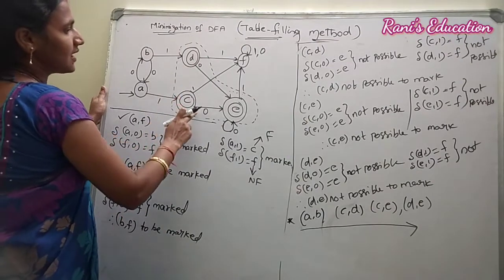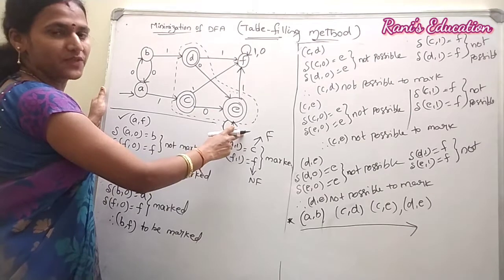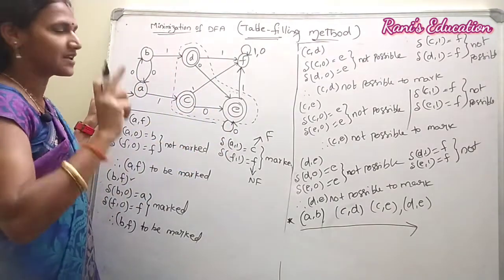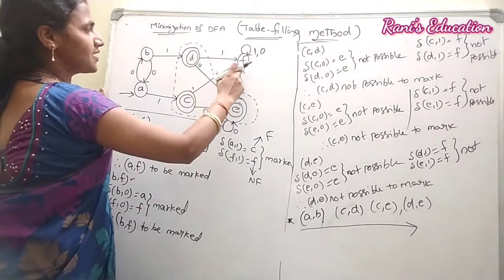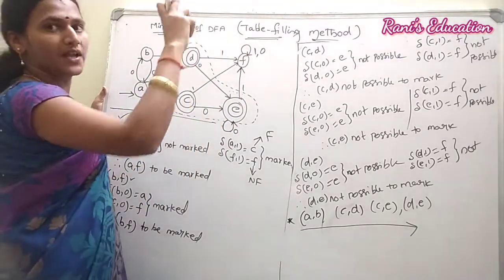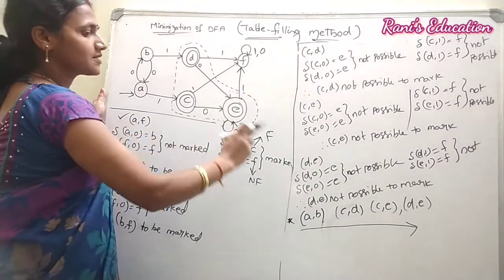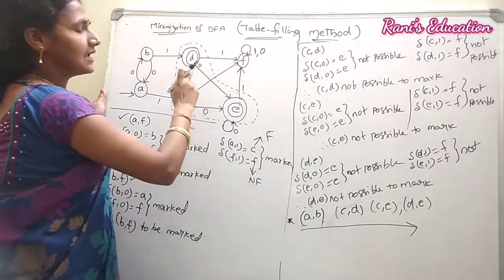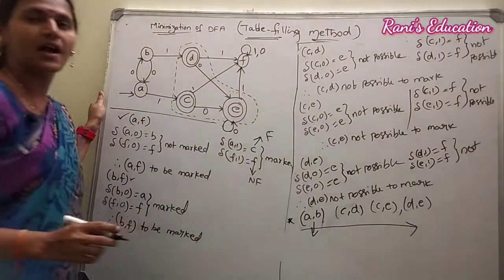That is C of 0 is E, D of 0 is also E, E of 0 is also E. That means with respect to input symbol 0, we got the same resultant state, that is E. What about with respect to 1? D of 1 is F, C of 1 is also F and E of 1 is also F, which reaches only a single state. That's why here we are going to combine CD, CE and DE as one state. That is CDE is one state. And then B is going to be considered as another state.